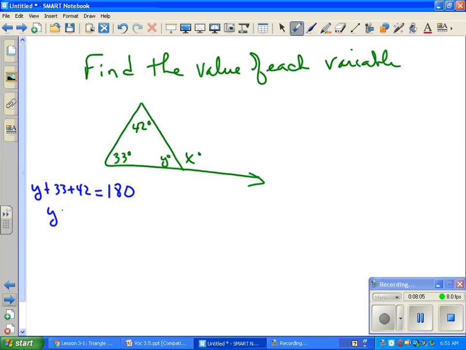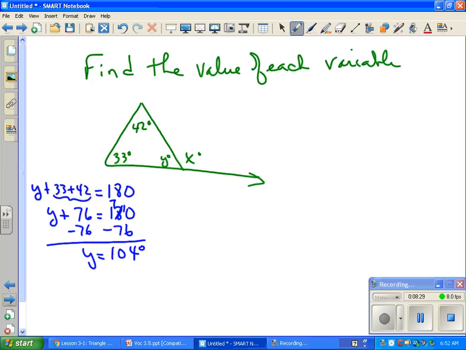Now let's add these like terms together, and that comes up 76. And let's take 76 away to find out that y is, borrow, make that 10, 4, 104 degrees. Now that's one way to find angle y.